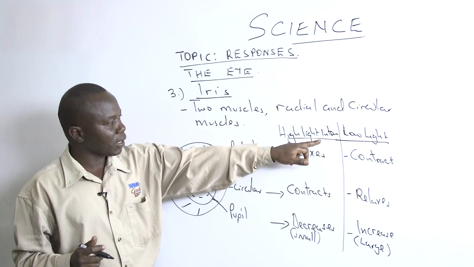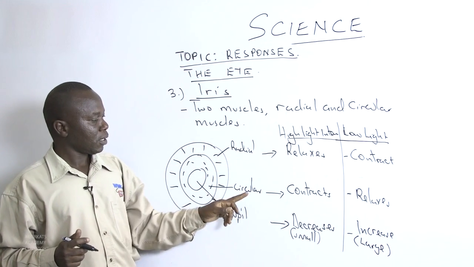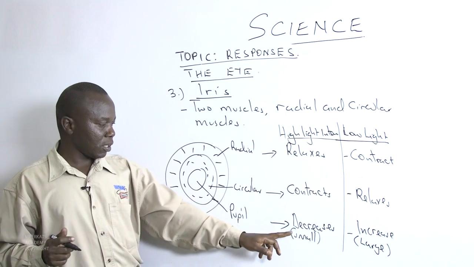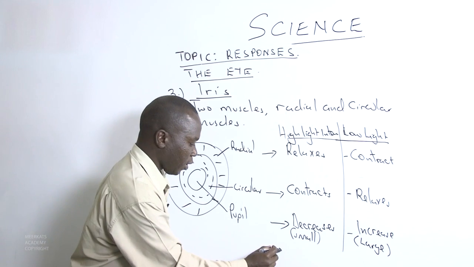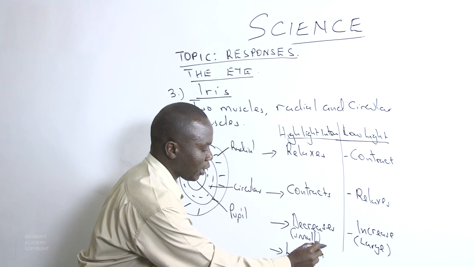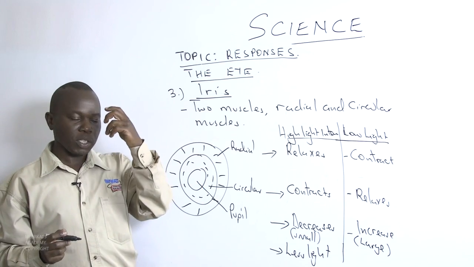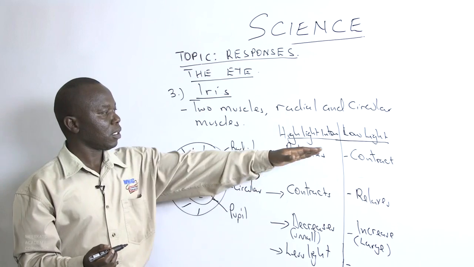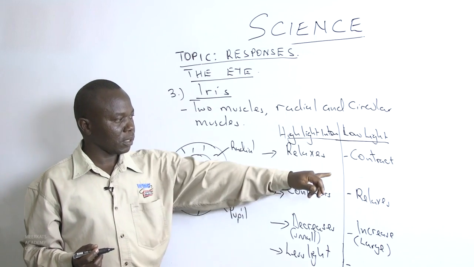We have said when there is high light intensity, the radial muscles are going to relax, circular muscles contract, and the effect is the pupil decreasing in size. So if it decreases in size, less light will pass through the pupil to reach the retina. And the opposite will happen in low light intensity.